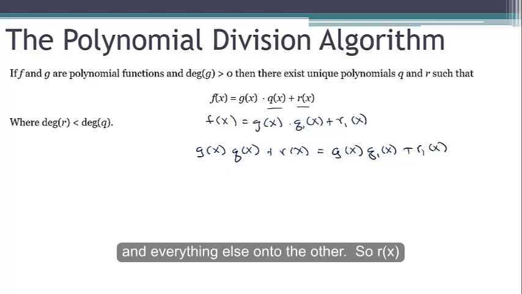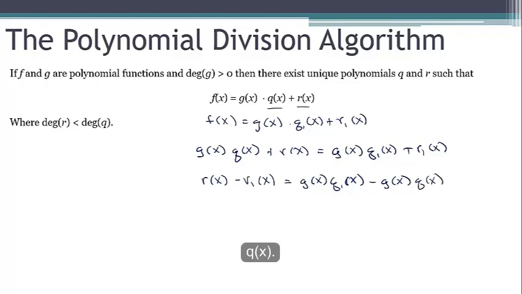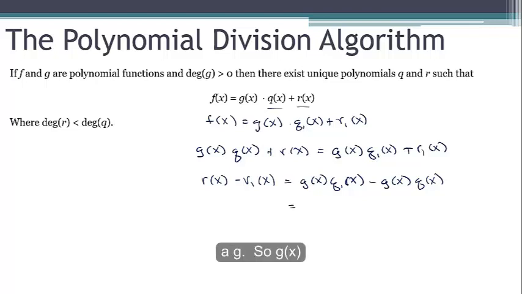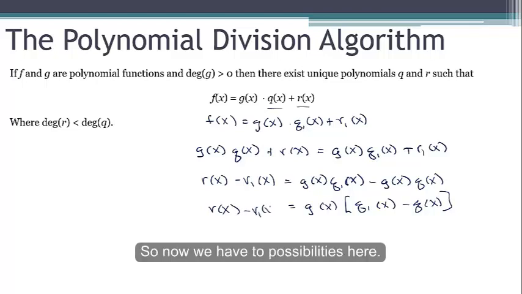So r of x minus r1 of x equals g of x q1 of x minus g of x q of x. All right. Okay, now let's factor the right-hand side. Let's factor out a g. So g of x times q1 minus q is equal to r of x minus r1 of x.